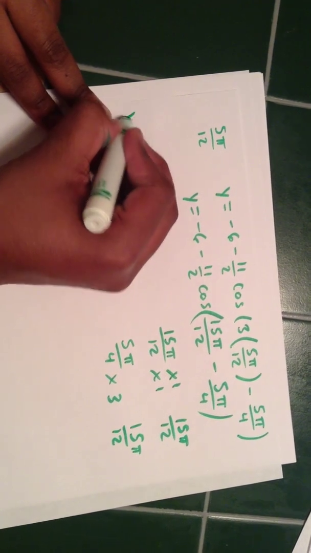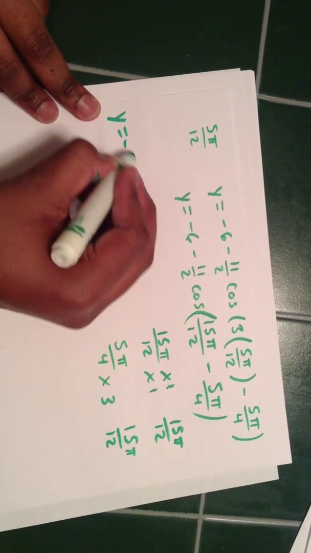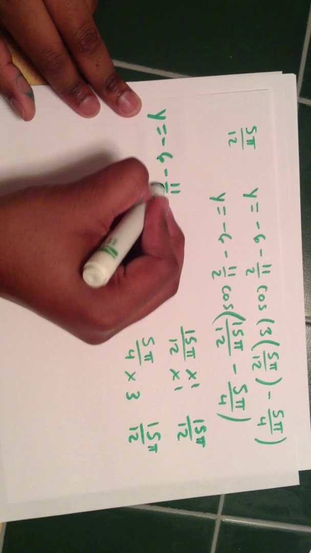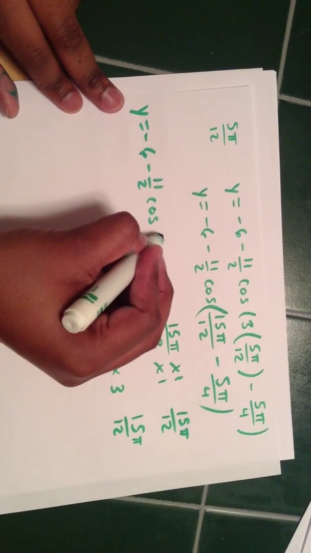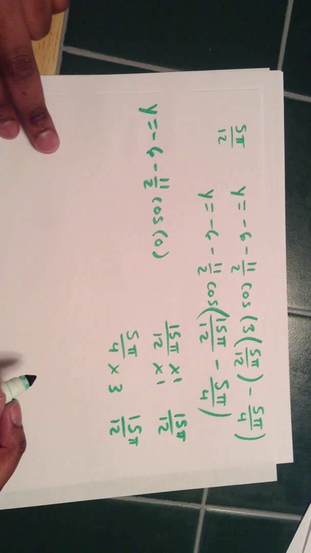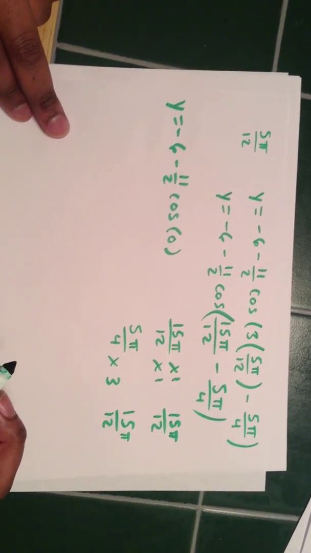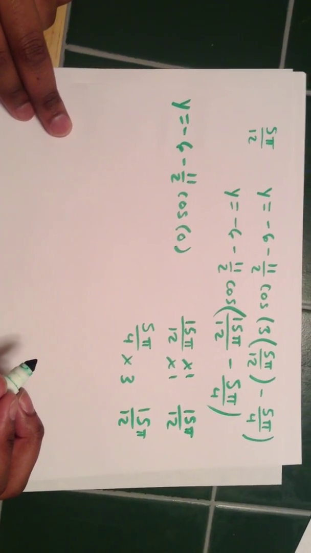Then you would change the equation to y equals -6 minus 11 over 2 cosine of 0. And the value for cosine 0 is 1.